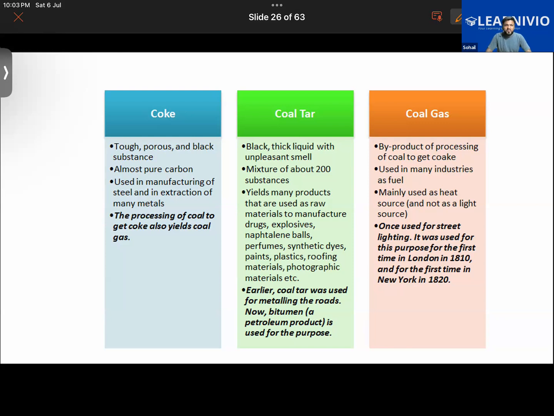But why do we use coke there? Anyone thought about this? Why do we use coke in manufacturing of steel? Steel is an alloy, no? But what is its composition?